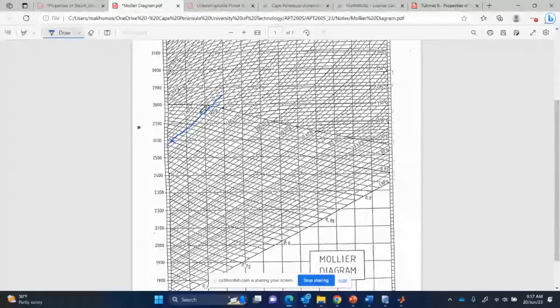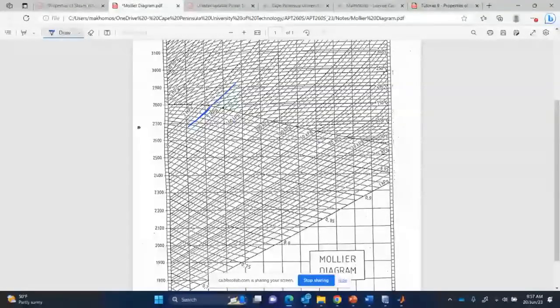The pressure is 1400. Let me erase this. The first thing we need to do is locate the 1400 pressure line. So this is 1 megapascal, 1.2, 1.4. So here is 1.4.